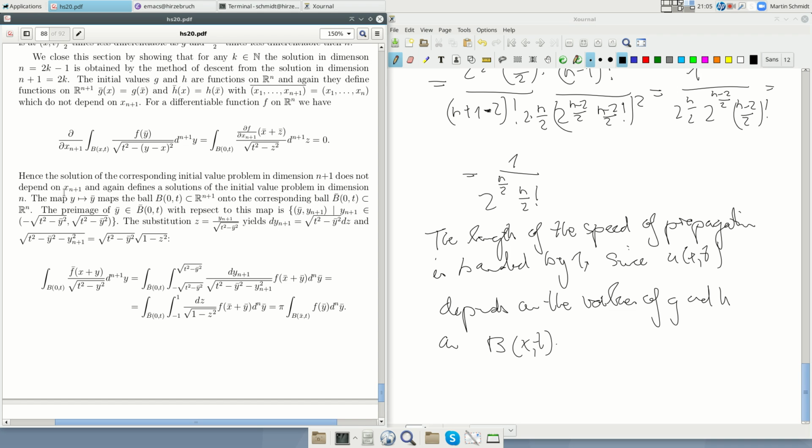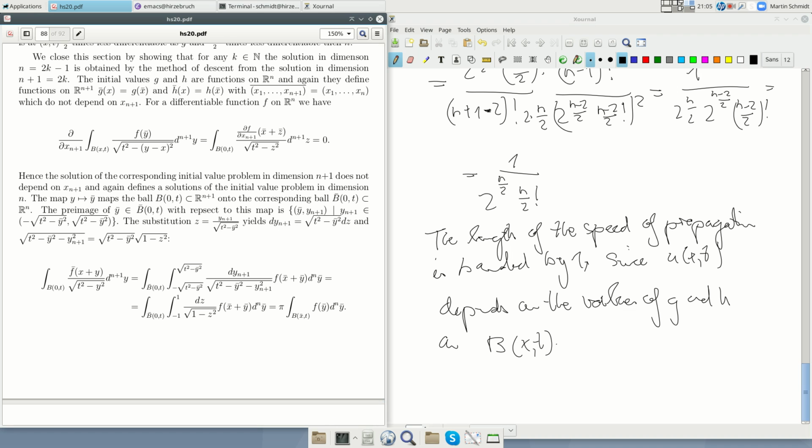And now we want to recover the solution for odd dimension, but one less than the even dimension, by the method of descent. So this time we have to evaluate on the whole ball, and we have to take the mean of the ball.